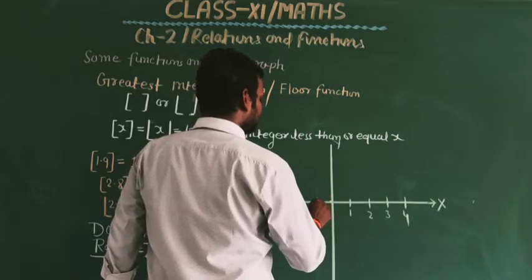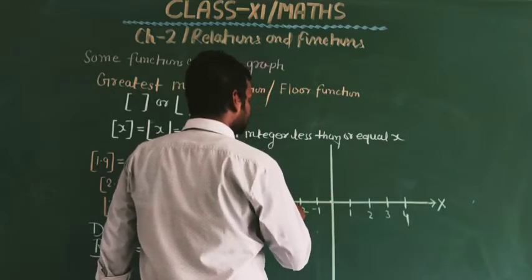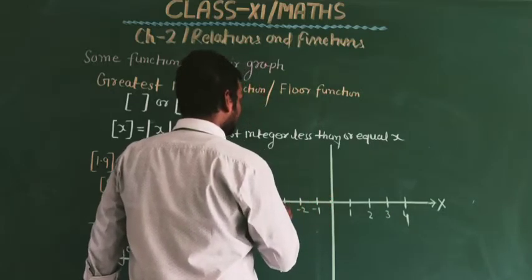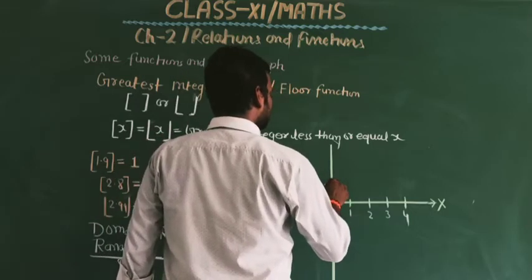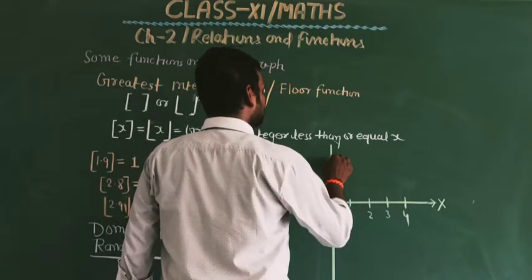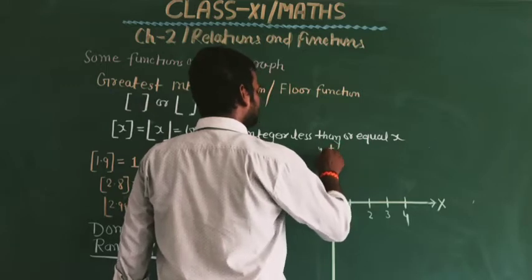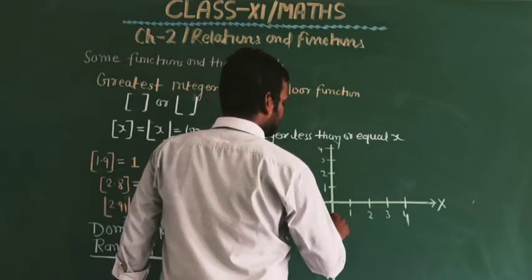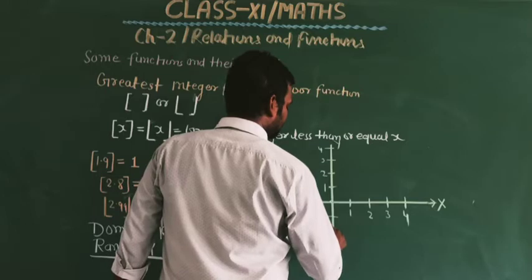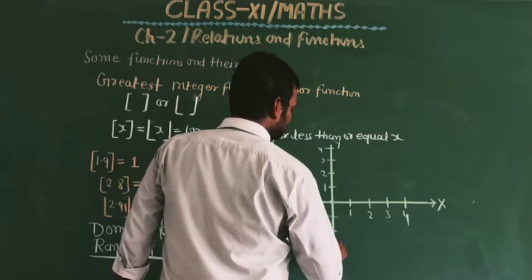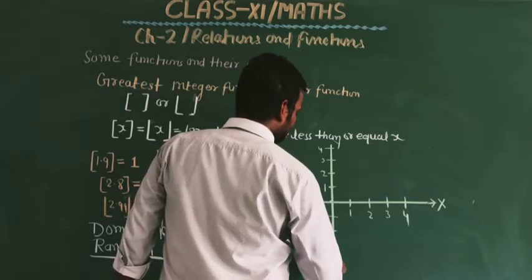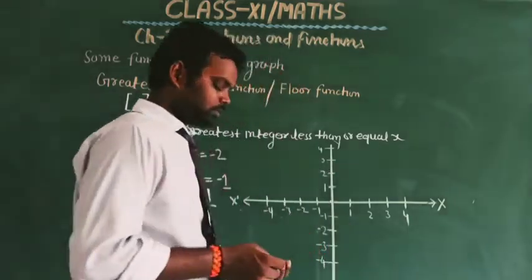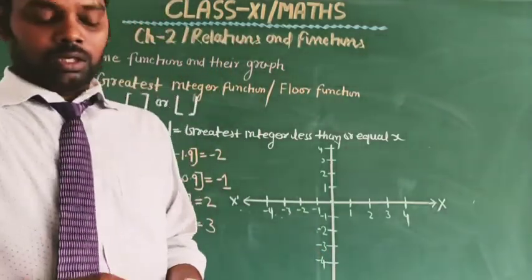This is minus 1, minus 2, minus 3, minus 4. This is 1, 2, 3, 4. This is minus 1, minus 2, minus 3, minus 4. Okay, children.